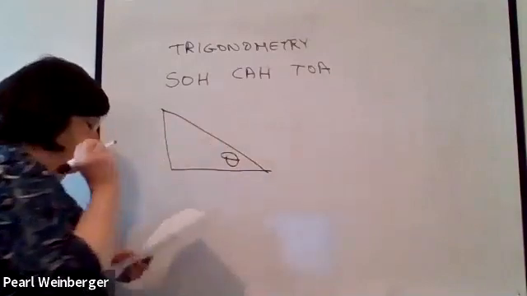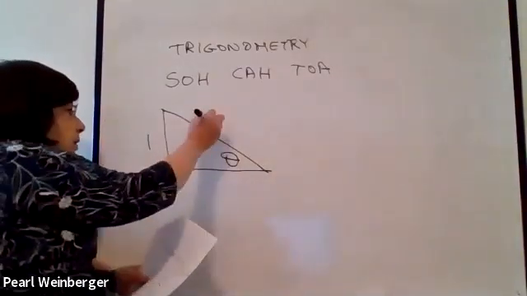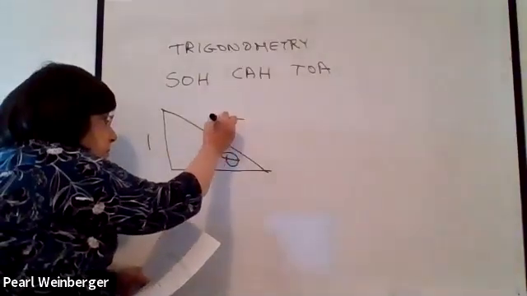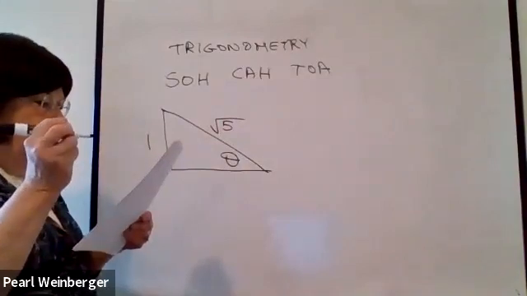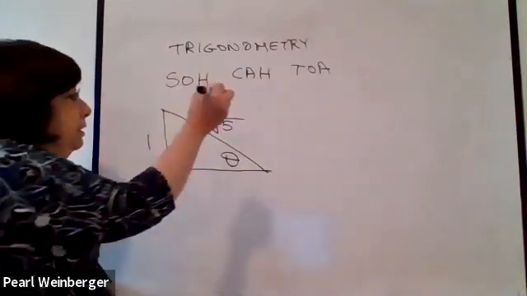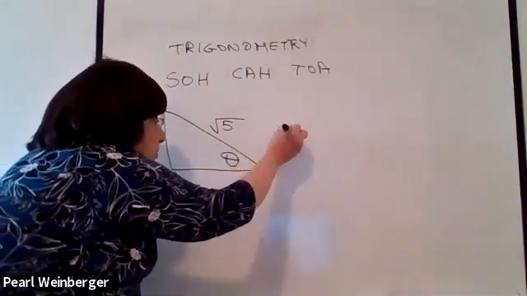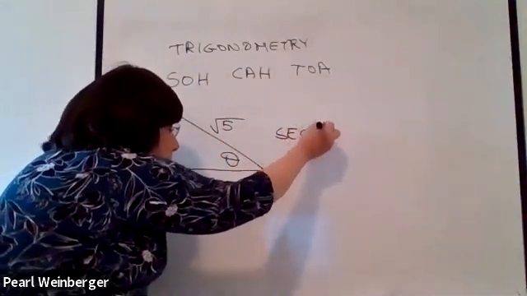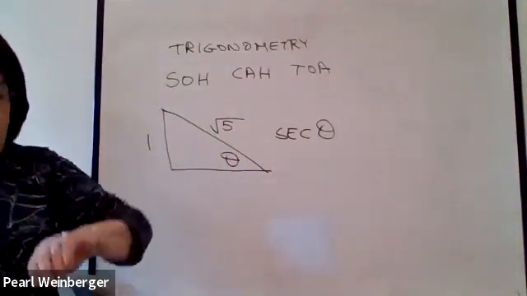Here they're putting my theta over here. They're giving me this to be 1 and this to be the square root of 5. And they want me to find the secant of theta. Okay, I'm going to give you a couple of minutes to try it, and then we're going to do it together.